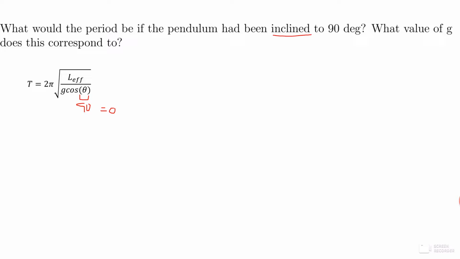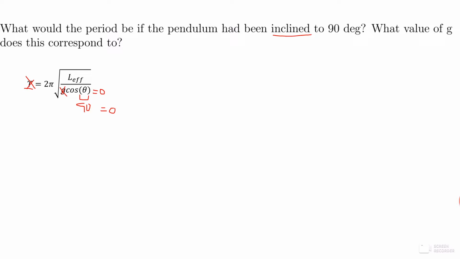So therefore this denominator will be 0, which is a problem. As you know, we cannot divide by 0. So therefore the only sensible option is that there is no corresponding period, and therefore there is no corresponding gravitational acceleration. There is not an answer. It does not exist. It is not a value.